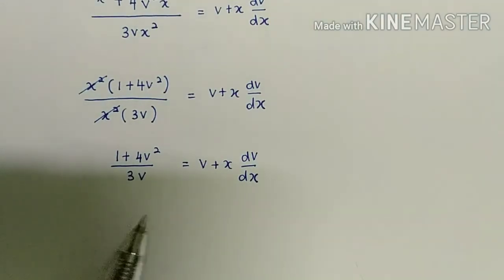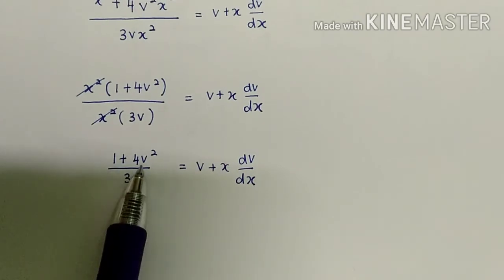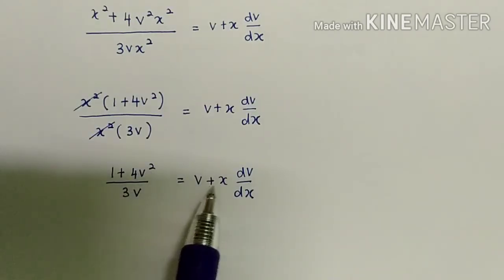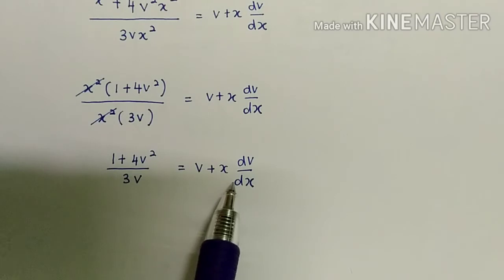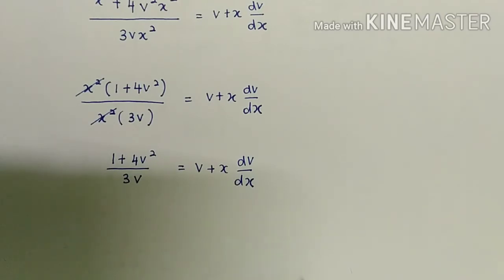After this step, we can use the separable variable method. We have v at the left side and v and x at the right side, so we can collect the same variables, or separate the variables into variable of x and variable of v.